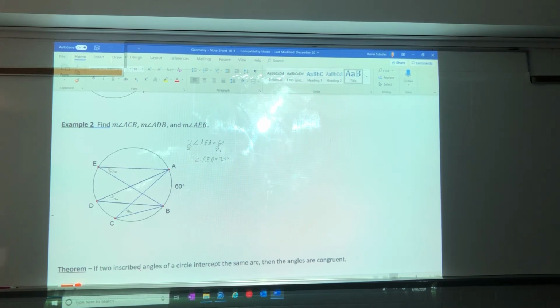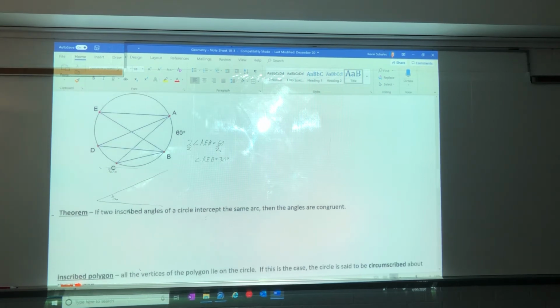Let's look at a couple of examples here. Or no, we're going to go to our theorem. And the theorem basically says what we just kind of proved here. Okay, if you have 2 inscribed angles of a circle that intercept the same arc, then the angles are congruent. It really probably should be 2 or more.